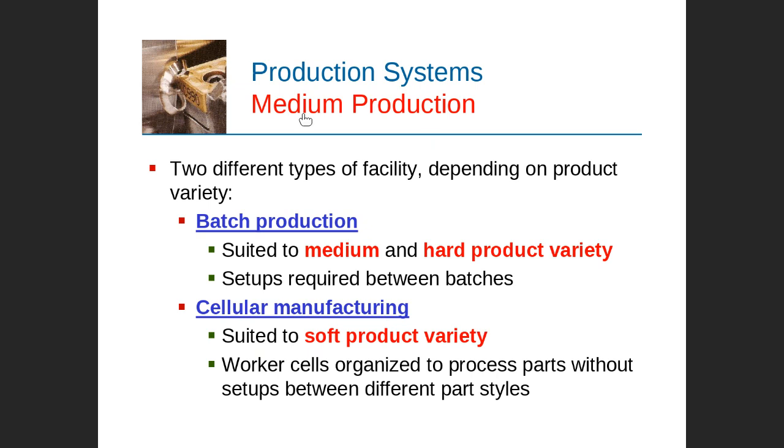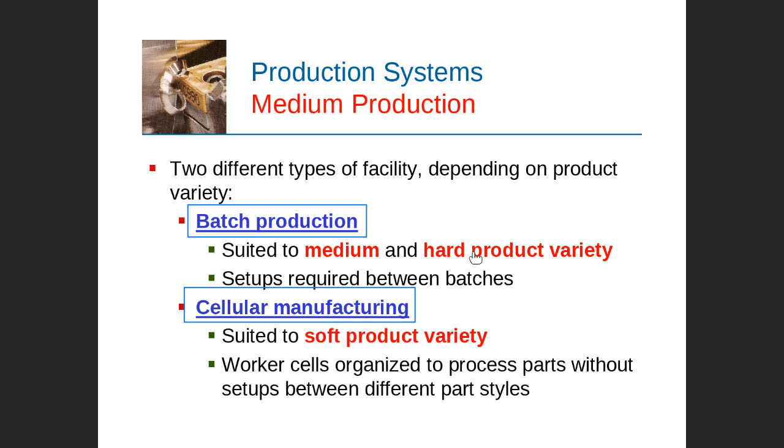When you come to the medium production, we actually have two kinds of production. We call them batch production and cellular manufacturing, and both are medium production. The first one we call job shop. The second one in medium production we call batch production or cellular manufacturing.